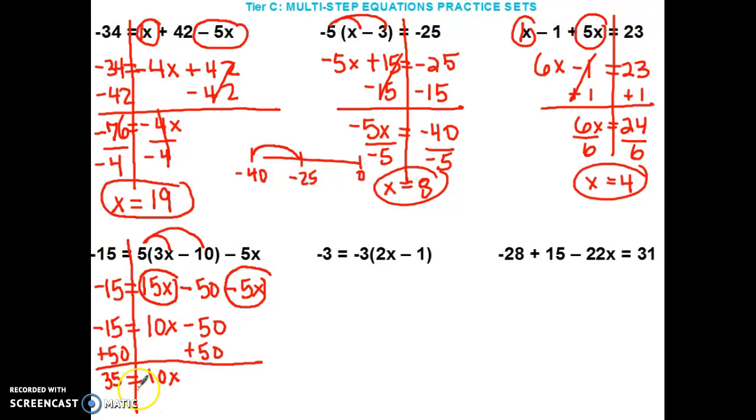All right. And then we're going to divide by 10 and divide by 10. And we get x is equal to 35 tenths, which reduces to, divide both by 5, we get 7 halves, or 3.5. All right?